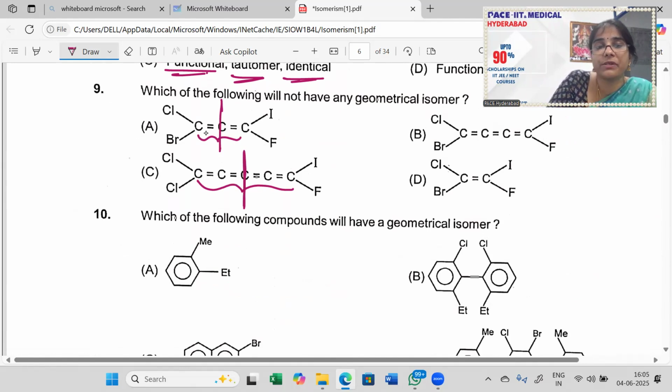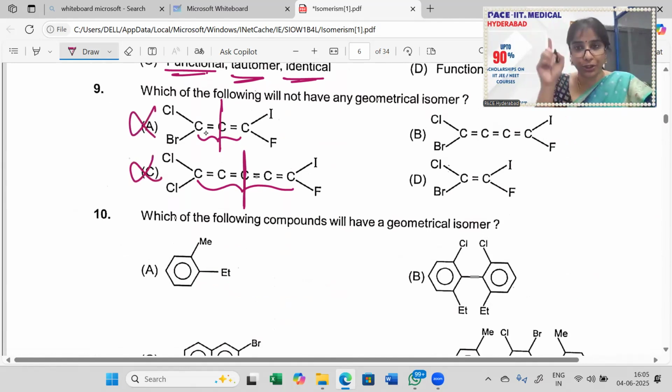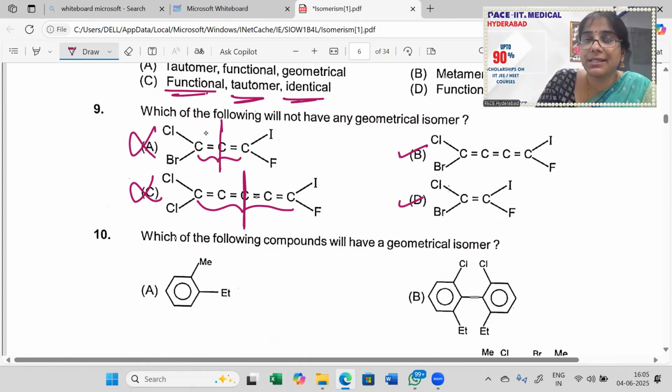This is my plane of symmetry. So these two are not showing, whereas B and D will show because of the plane of symmetry which I can see there. It's not symmetric although, but yes, for the double bonded carbon to carbon, you should have some plane for it. So now this is my restricted site. On to this, I have these two, and to the left side also I have. So B and D are my answers.